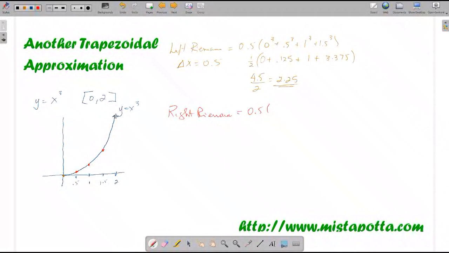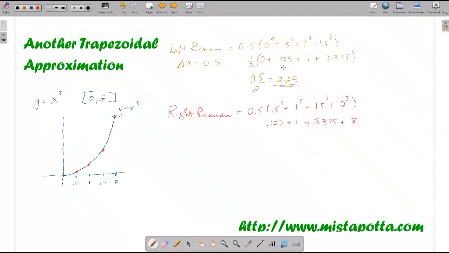So at f of 0.5, f of 1, f of 1.5, and f of 2. So I'm going to have, again, 0.125 plus 1 plus 3.375 plus 2 cubed is 8.